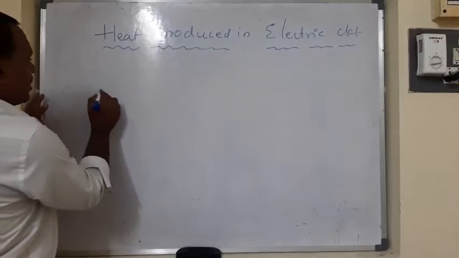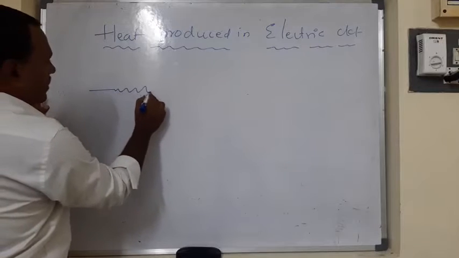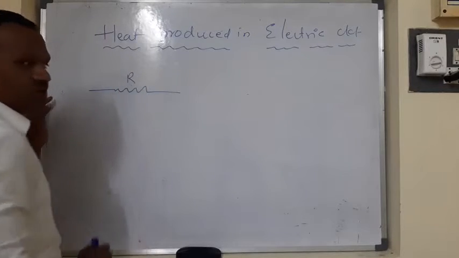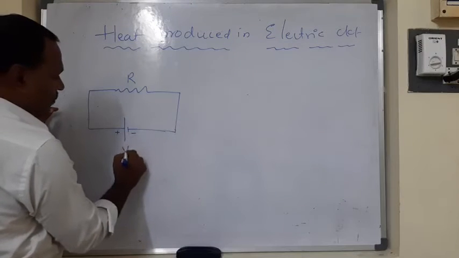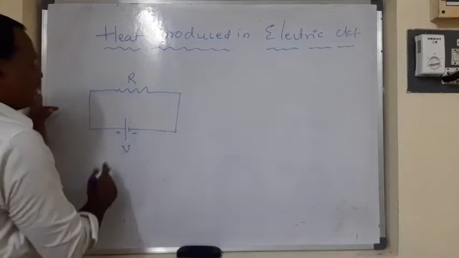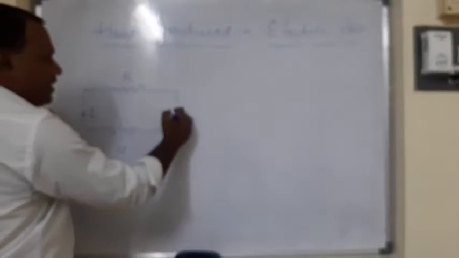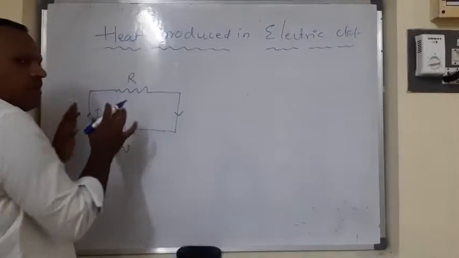So consider an electric circuit in which the resistance is R, and we connect an external battery of potential V. Due to this potential applied across the conductor offering a resistance R, a current I flows, and the resistance opposes the flow of charge through the conductor.